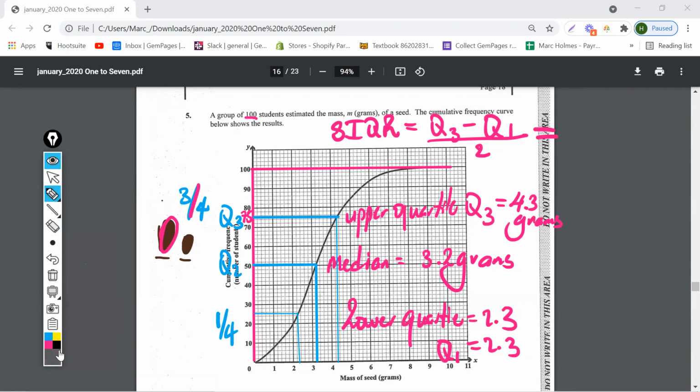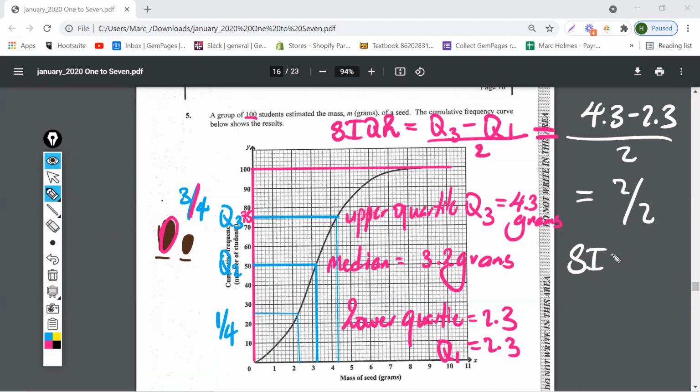We end up with 4.3 minus 2.3 over 2, which is 2 over 2. So the SIQR, the semi-interquartile range, is equal to 1, just in this case. Remember, guys, the SIQR is always upper minus lower over 2. How do we find the upper? 3/4 of the graph. How do we find the lower? 1/4 of the graph. Cool.